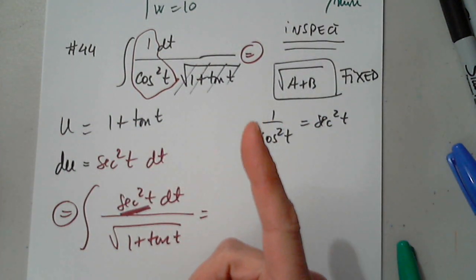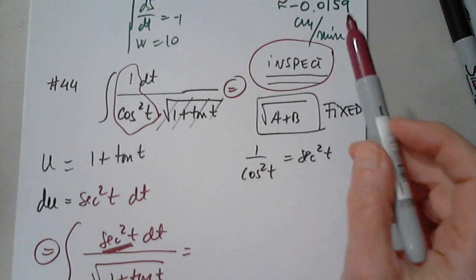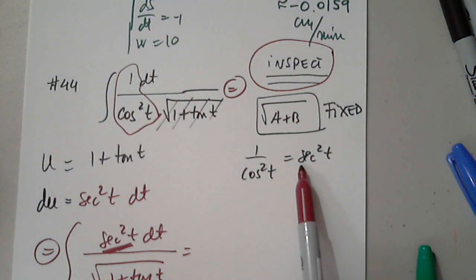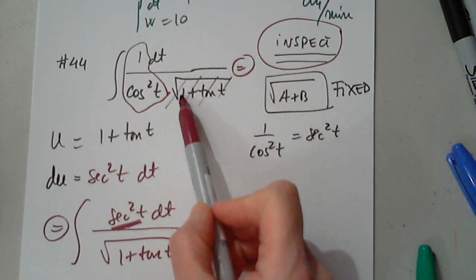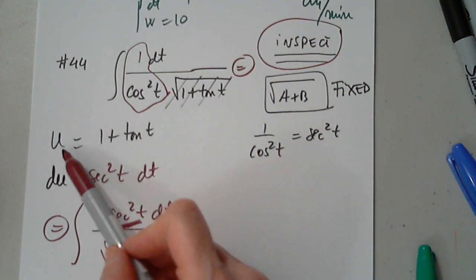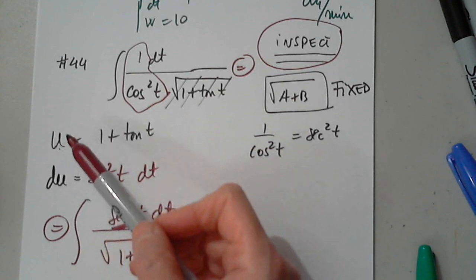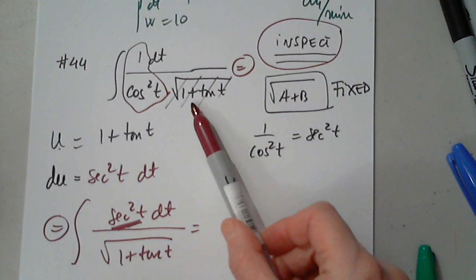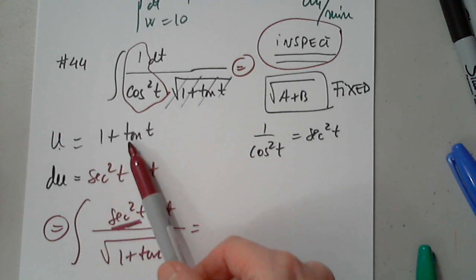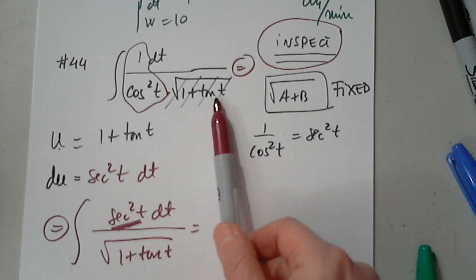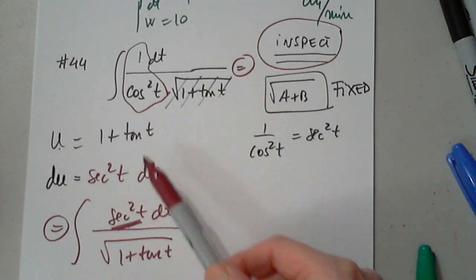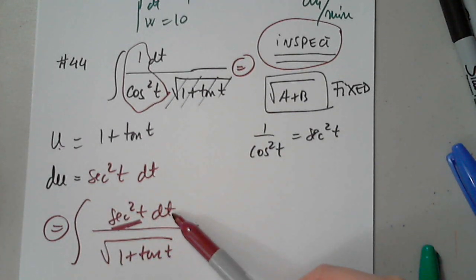It became a piece of cake by inspection and realizing that 1 over cosine squared is this. Realizing that when I substitute, use any letter you want. You don't have to use u. Use anything else but t. Of course, you cannot use t. When I substitute, or I replace, in other words, or I name, or I let 1 plus tangent t be u, du equals secant squared dt, so this is exactly what I need.